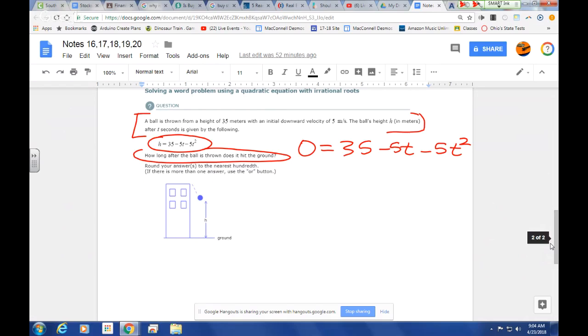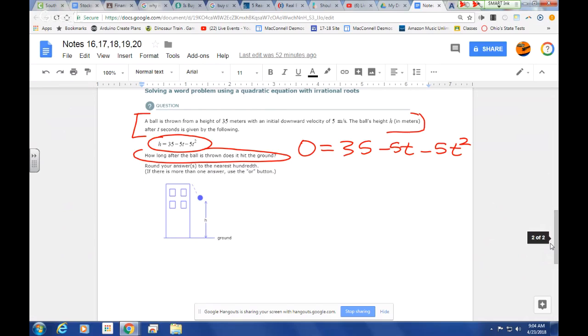Okay? And I don't know if you picked it up on the other quadratic formulas, we have to have it equal to 0. So if it said, when is it 20 feet off the ground, that would have been a 20 instead of 0, and we would have subtracted it. Okay?